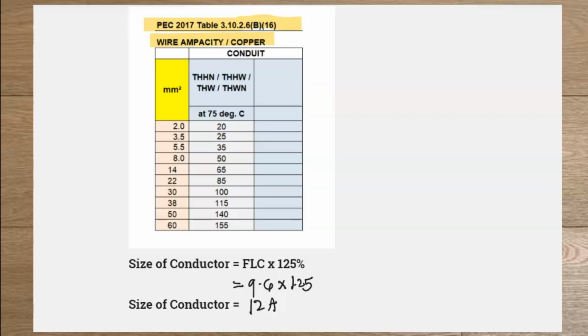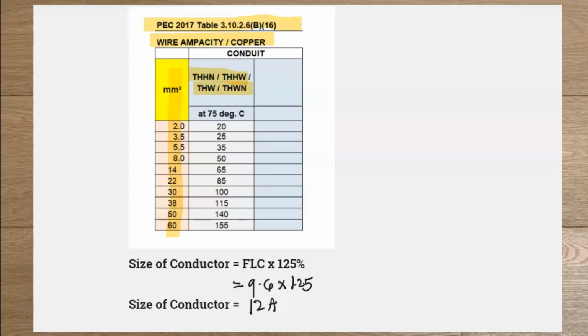So on this column, this is the square ng wire, and then on the second column, ito yung type of wire, THHN, THWN, THW at saka THWN.